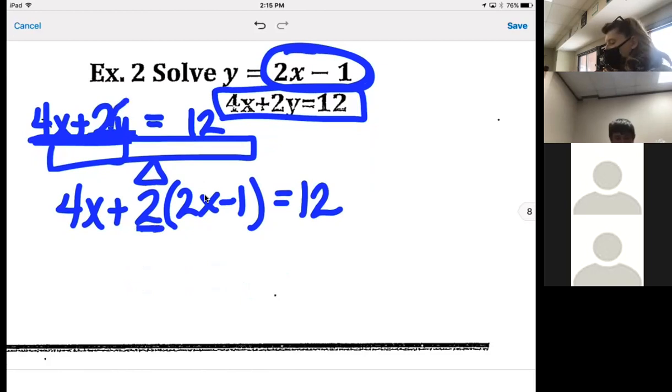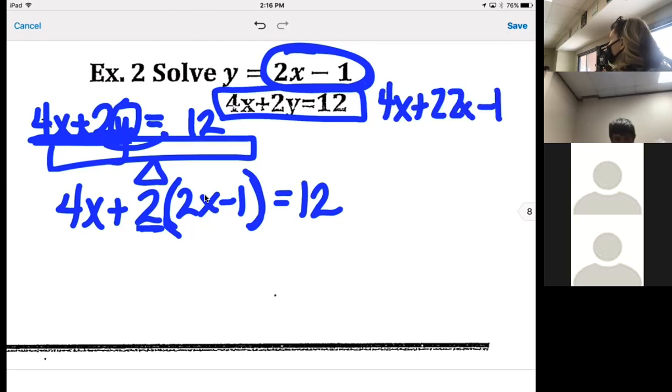Well, when you have multiple parts to y, then you have to distribute that 2 through both parts. So that's why I put it in parentheses, so I would know that it's not just, let's say I didn't, and I put it right next to it, what does it look like? It looks like 22x, and it's not 22x. It's supposed to be multiplying.